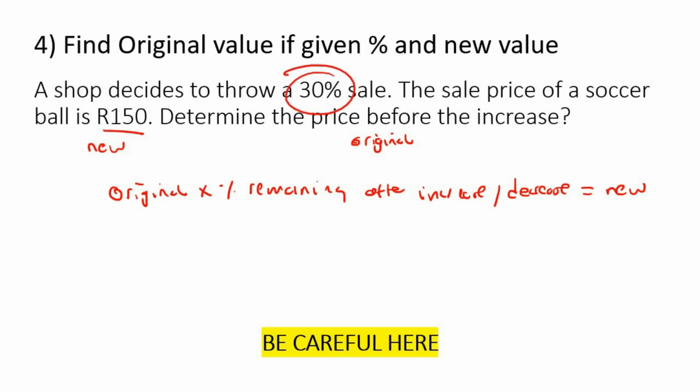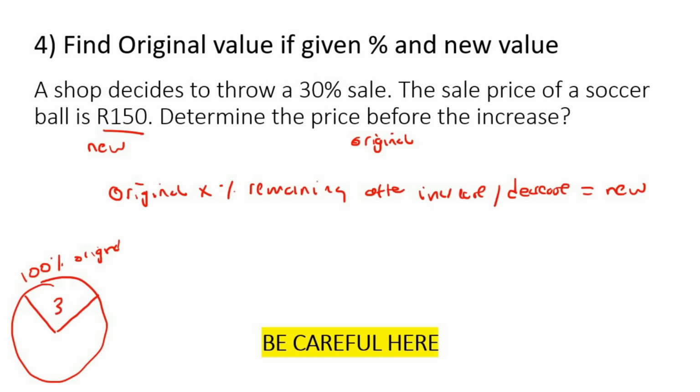Okay, now don't just use that 30% over here. You've got to be careful. So we know that the original soccer ball, we always show that as 100%. That's always the original. They then decide to throw a 30% sale, so that means they take away 30% of the price. And so what is remaining? 70%. That is the number you would use.